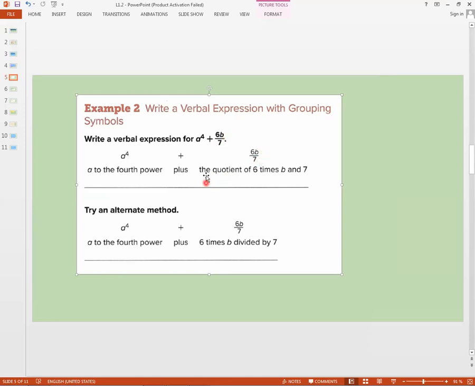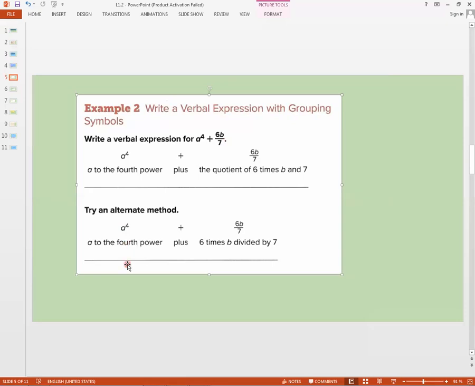It's a division, it's a quotient. The quotient of 6 times b and 7. And what about the plus sign? We should just write plus.